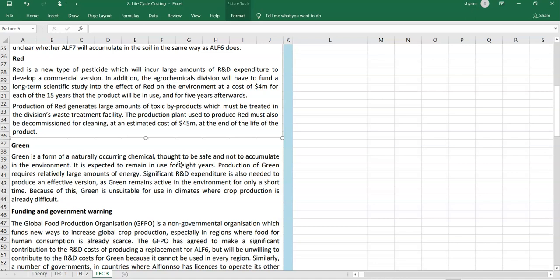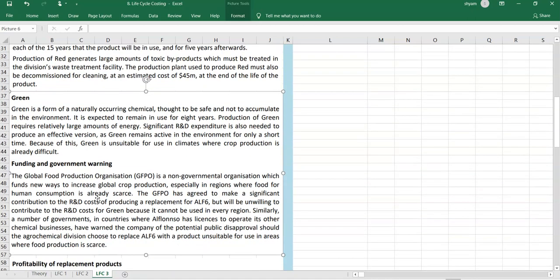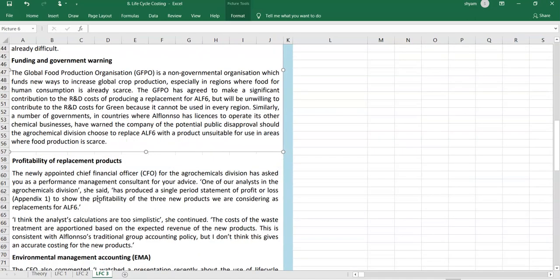So thereafter we can't use this product, and it also requires a large amount of energy to produce this. So that is also an environmental cost or a hidden cost, and R&D is also going to be a high amount, and it is not suitable in all areas of production. So let's go through the other paragraphs.